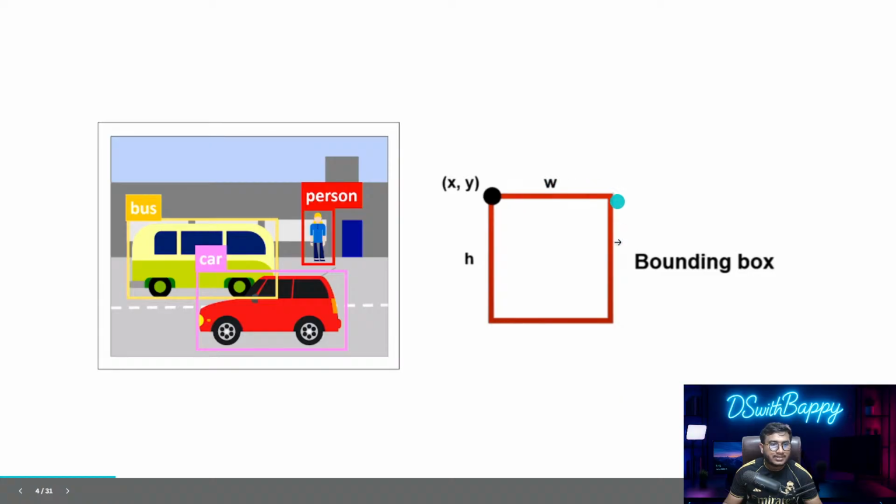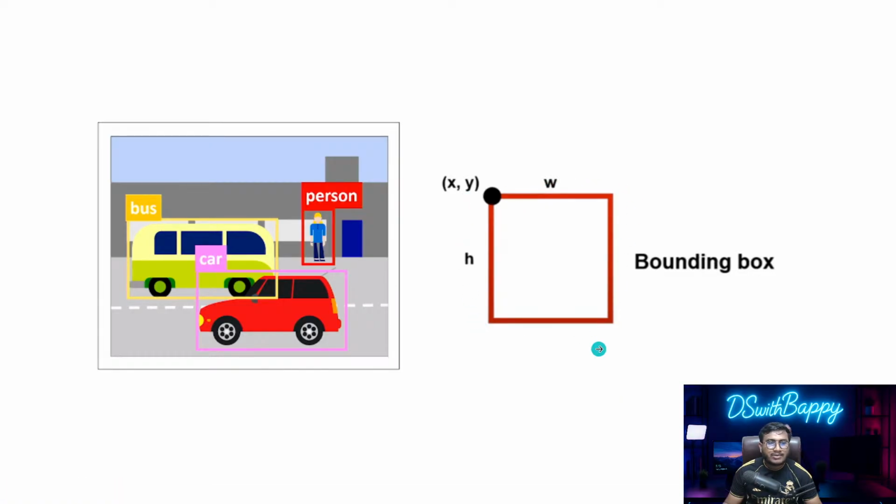Now, what is this bounding box? A bounding box is nothing but a square shape, and we know how to draw a bounding box. For this, we have to figure out the x and y coordinate. In an image, the coordinates start from the top. So from here our coordinate point will start. This side you have the x and this side you have the y.